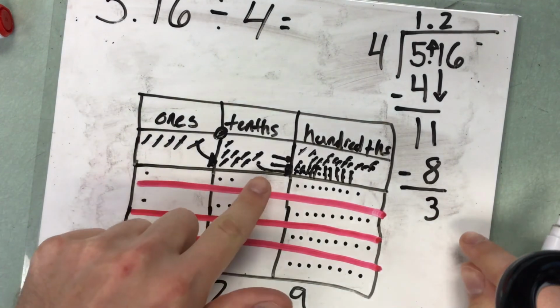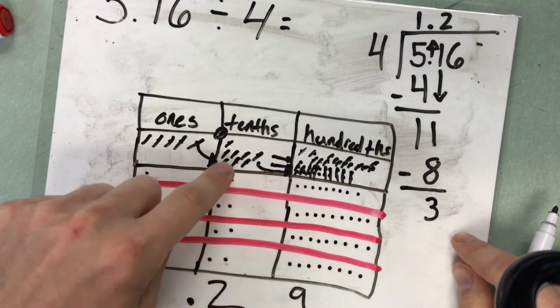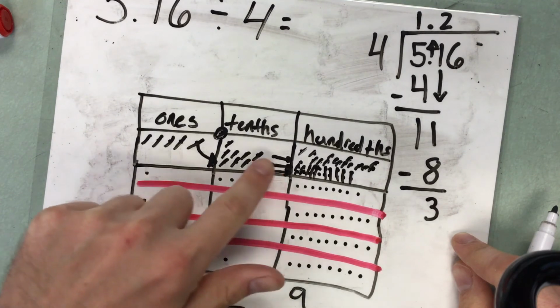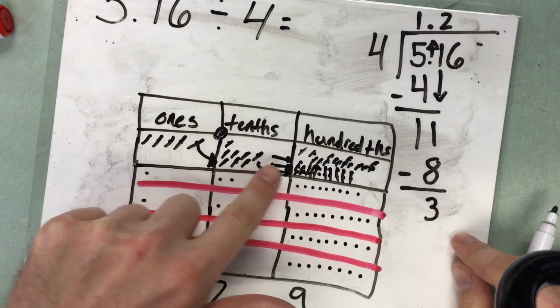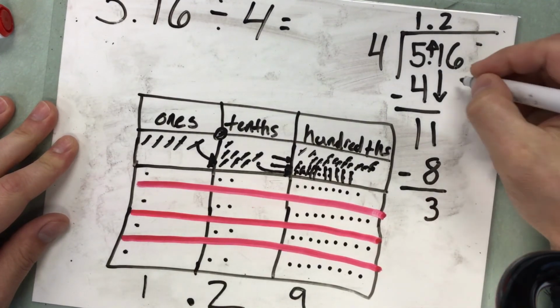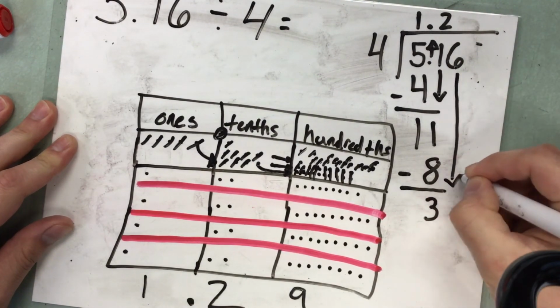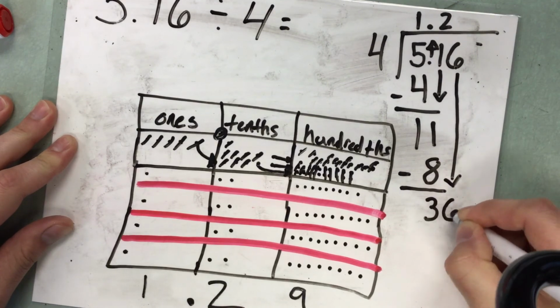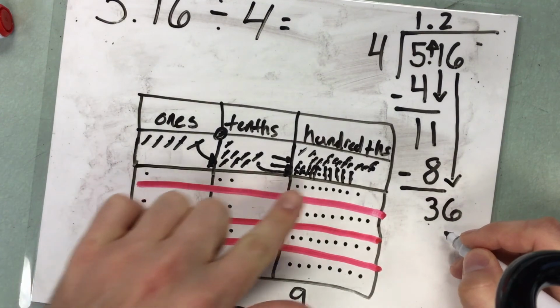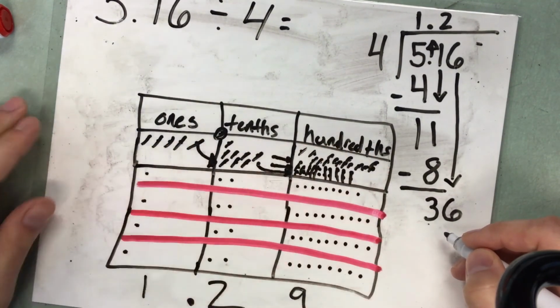If you think back to our tenths column, when we divided up these 11 tenths equally among these groups, we were left with 3 tenths, which we unbundled and brought over, and we're left with 3 tenths here. Now let's drop this hundredth.